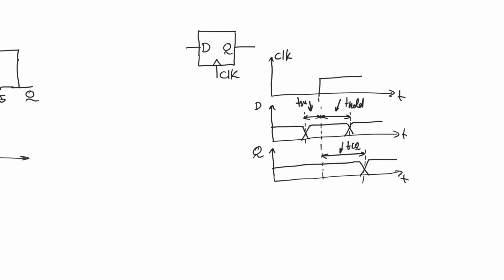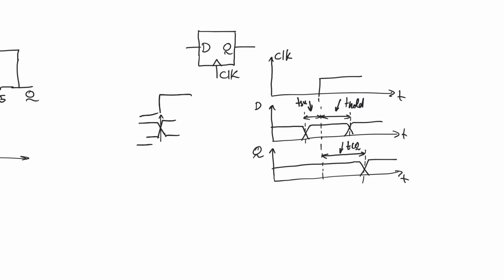So setup time, or T setup, is the minimum amount of time that an input has to change before the active edge of the clock if this change is to be registered properly. So the question is, you have an active edge of the clock. Do you allow D to change exactly at the edge? No, because there's nothing like exact. What if there's some form of phase noise that causes the edge to come a little bit earlier, a little bit late, right?